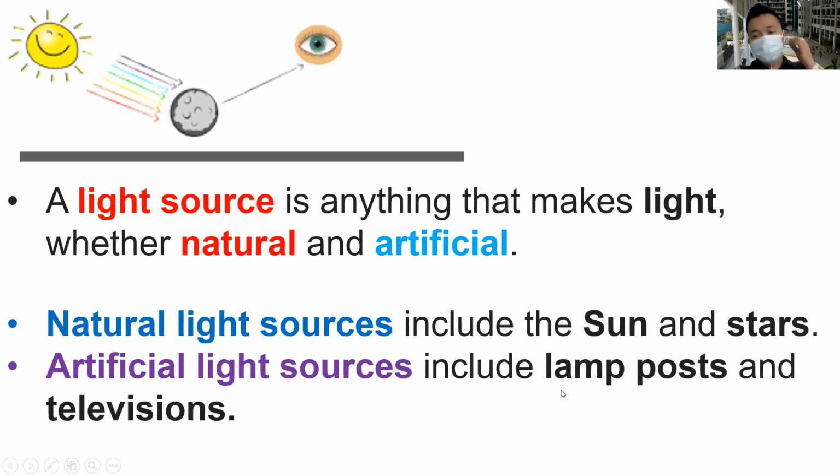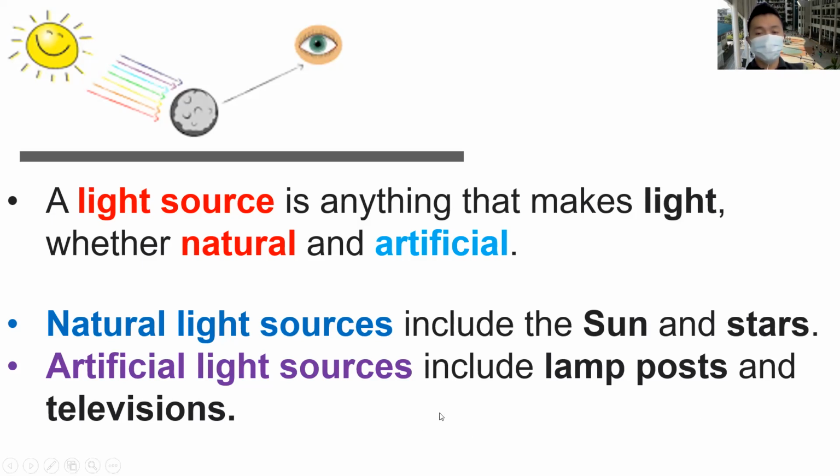A lamp produces light, but the lamp produces artificial light only. Without the electricity, without the battery, the lamp cannot produce its own light.